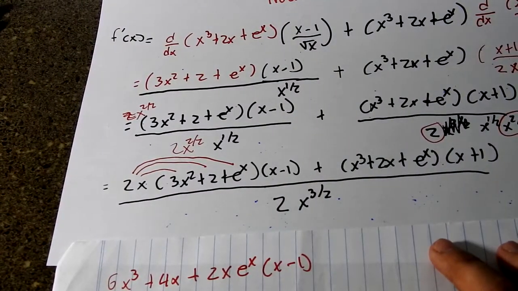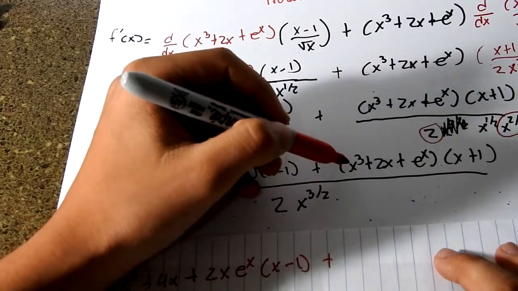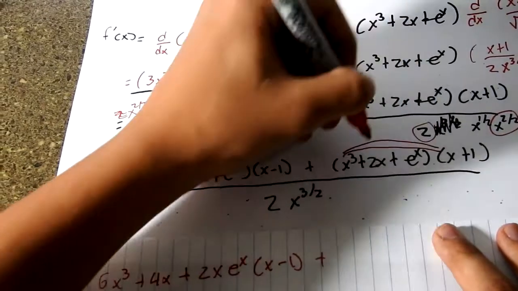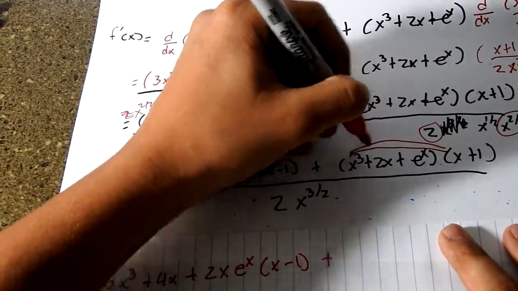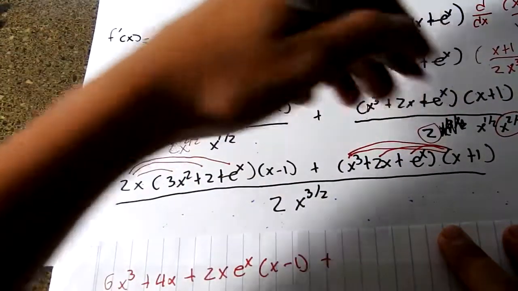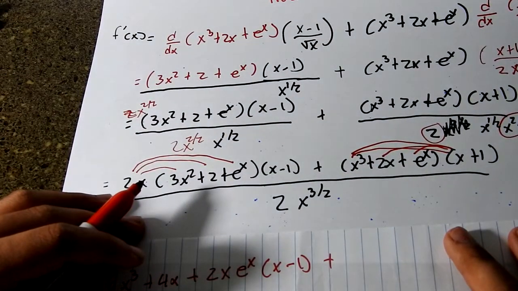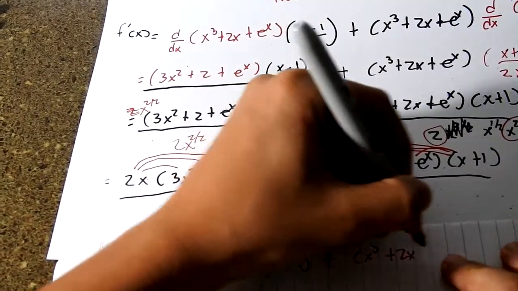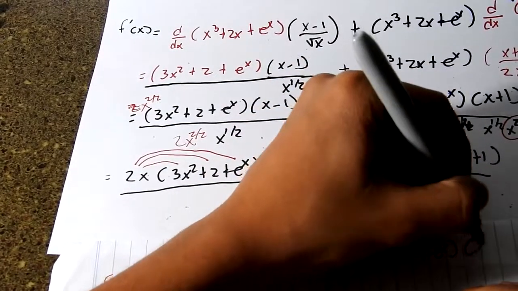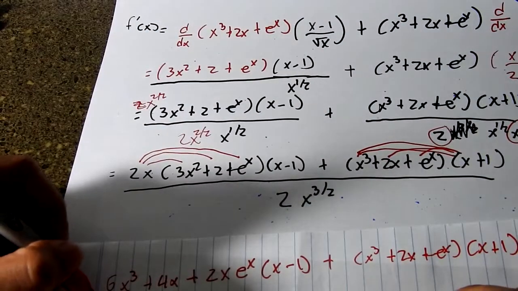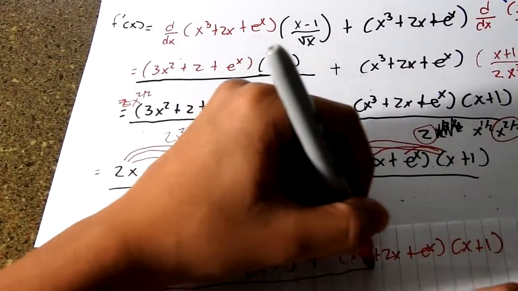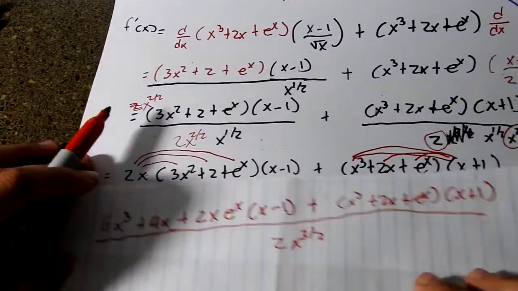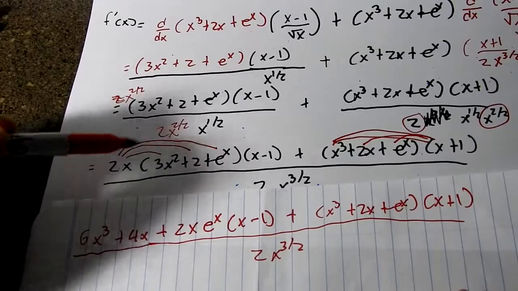We're going to multiply this times this, this times this, and then here and here. We're going to apply this distributive property, but we're going to do it later. We're going to write it as it is now to make things easier and clear. X plus 1 over 2x to the 3 halves. The only thing I did over here, I just multiplied this 2x with this.